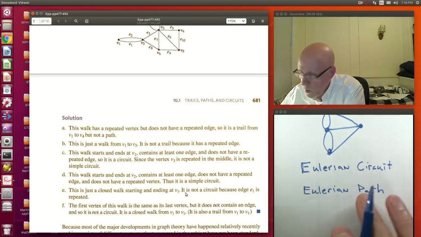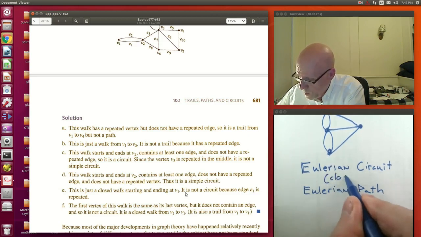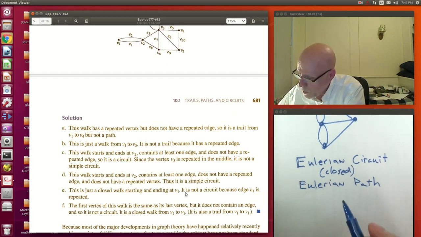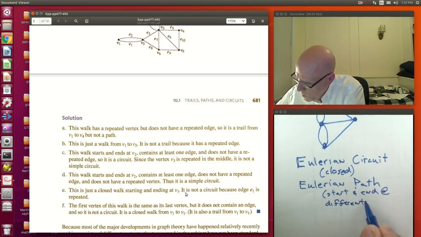The difference between the two is the circuits are closed, and the paths are not. They start and end in different places.